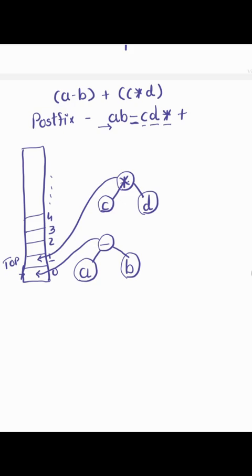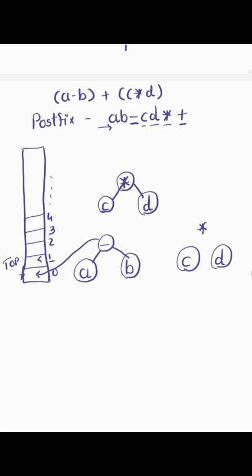Now next again I have plus. As I have plus, I need to pop my top element. My top element is this, so I pop it out, and that becomes my right child.